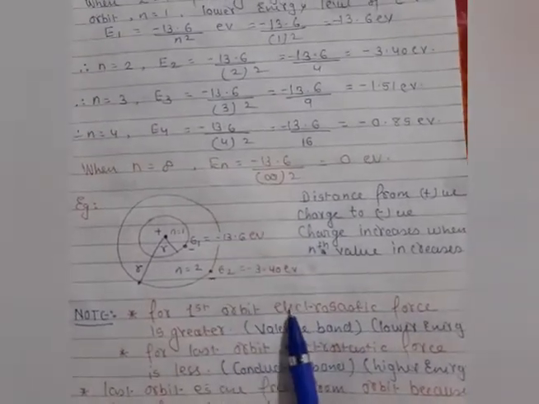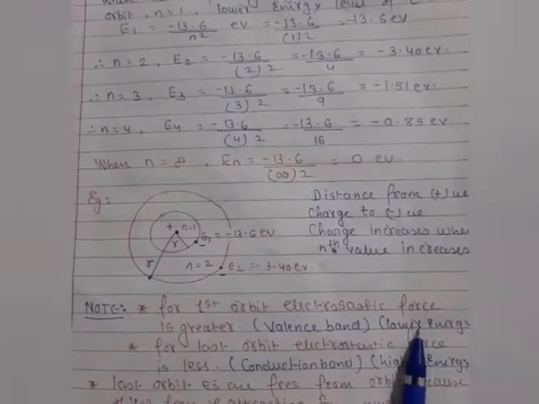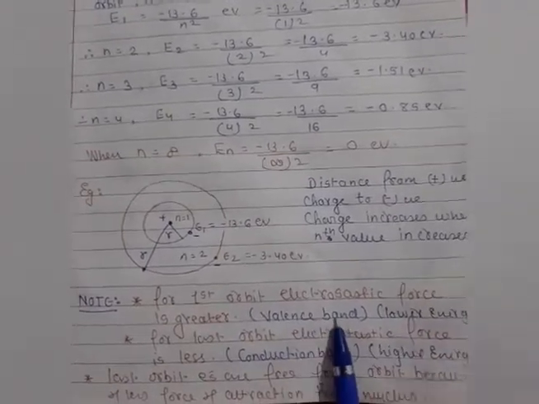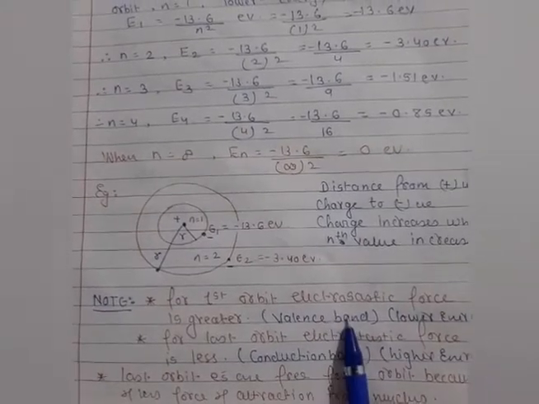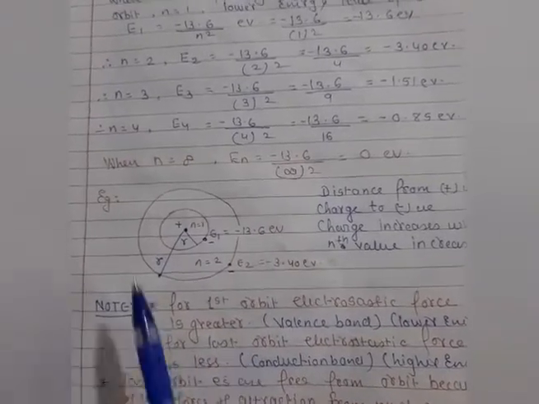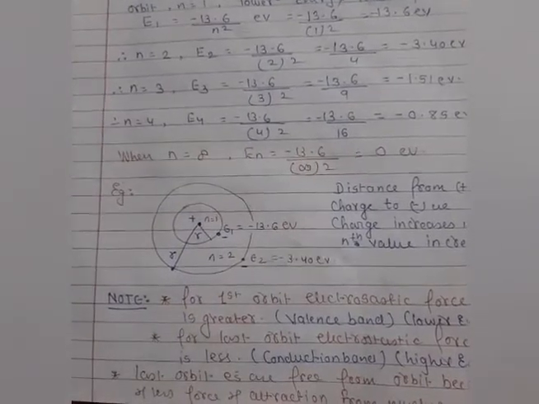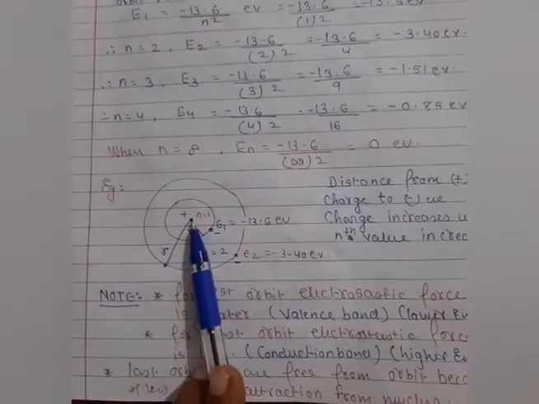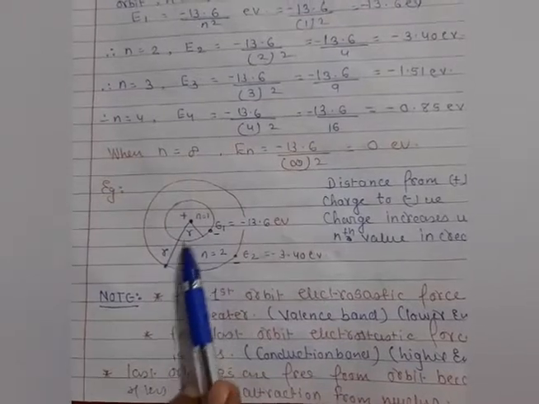For the first orbit, the electrostatic force is greater. The first orbit we can say is the lower energy level, and in a semiconductor this lower energy level is considered the valence band. In this condition, the electrons do not generate current. Why? I will explain. For the second note, for the last orbit, if we gradually increase the orbit of the electrons, the electrostatic force is less, because from the nucleus to the orbit of the electron, the distance r is increased.